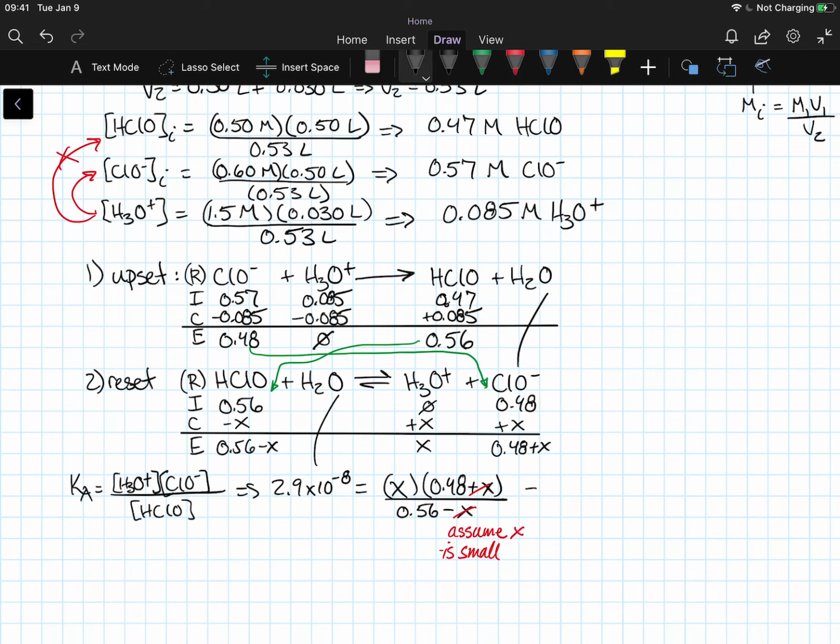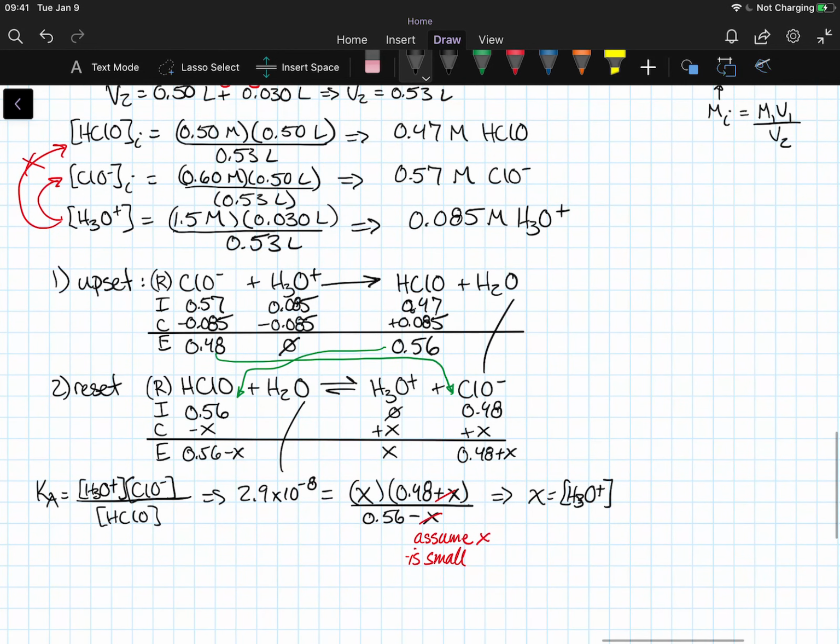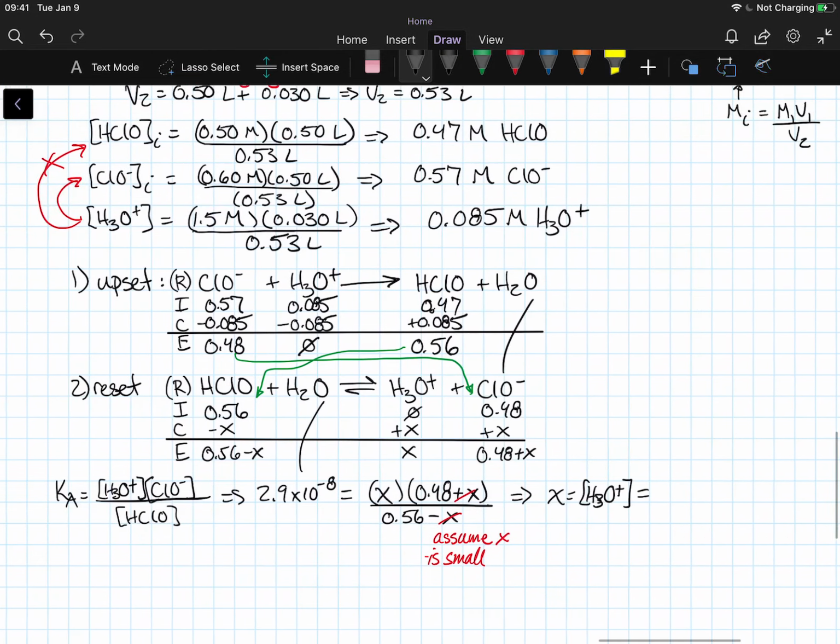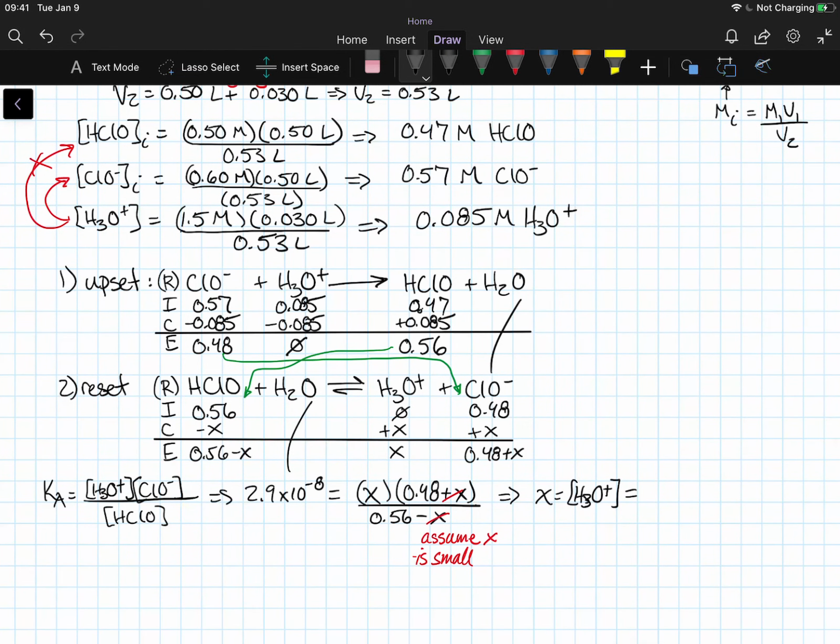And again, we remember that X is equal to the concentration of H3O+. So I'm going to skip a step here in the rearrangement. This X is going to be equal to 2.9 times 10 to the negative 8th times 0.56 over 0.48. We end up with X, again our H3O plus concentration, equal to 3.4 times 10 to the negative 8th.